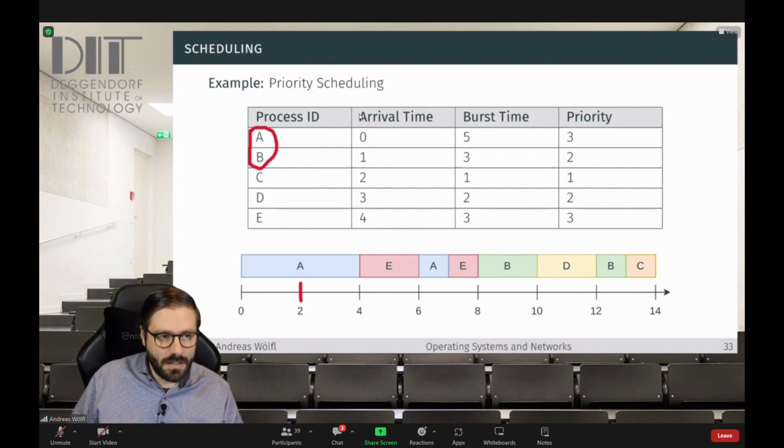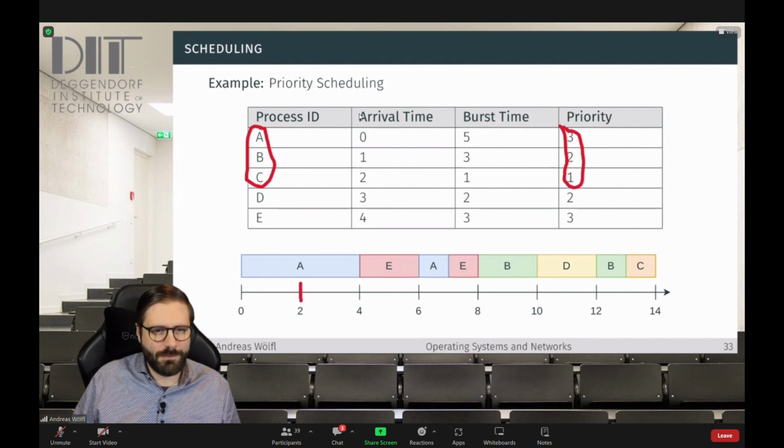At time 2, process A finishes its quantum, and then we do a scheduling decision based on the processes currently in the list of runnable processes. Again, new arrivals are added to the list before we do a scheduling decision. So at time 2 we have A, B, C, and which process do we execute? We execute process A because it has the highest priority. So A gets another time quantum.